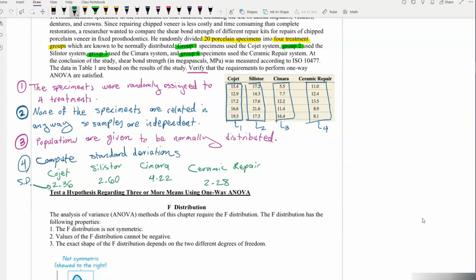Now that we have all these standard deviations, the smallest one is 2.28, and the largest is this one, 4.22. I want to see if this is greater than 2 times the smallest. It should not be greater.